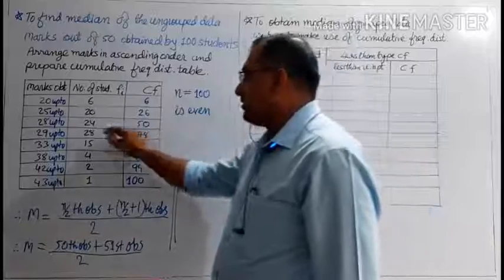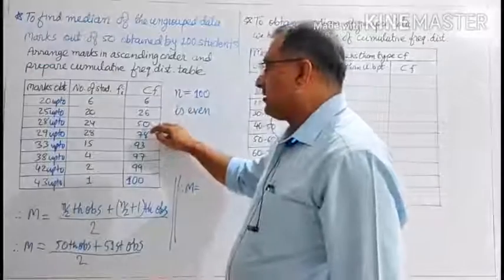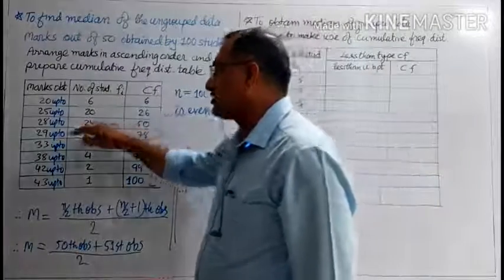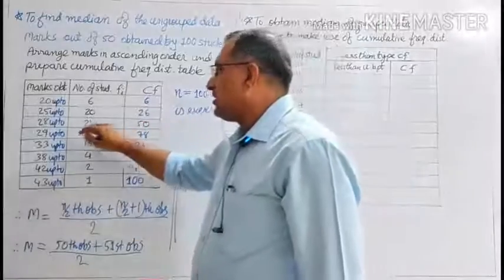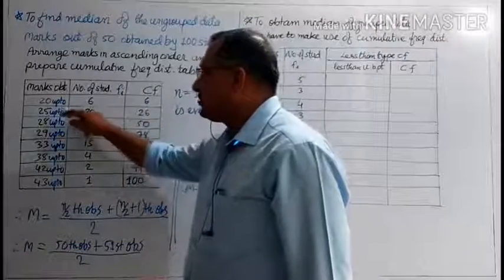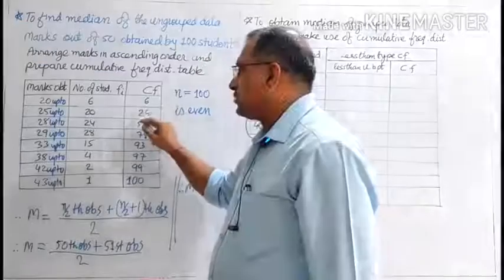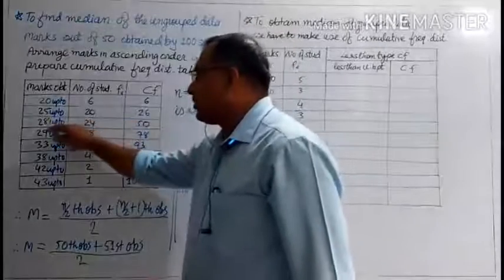So which one is the 50th observation you see? Here exactly the 50th rank, the student, there are 50 students having scored marks 28 or less than that. So there are up to 26 students marks up to 25, but 27th student onwards up to 50th student, all the students have scored 28 marks.